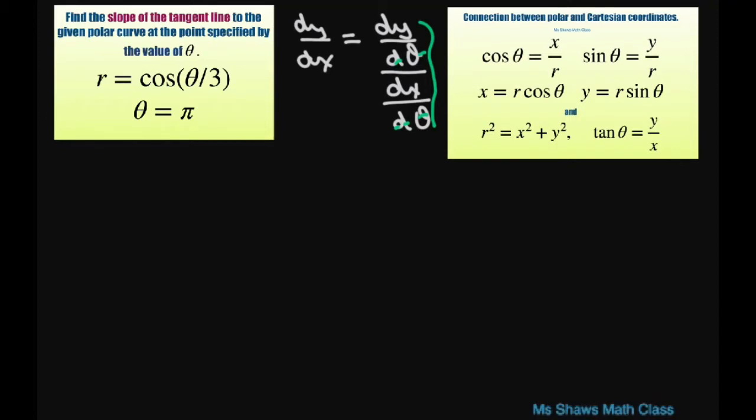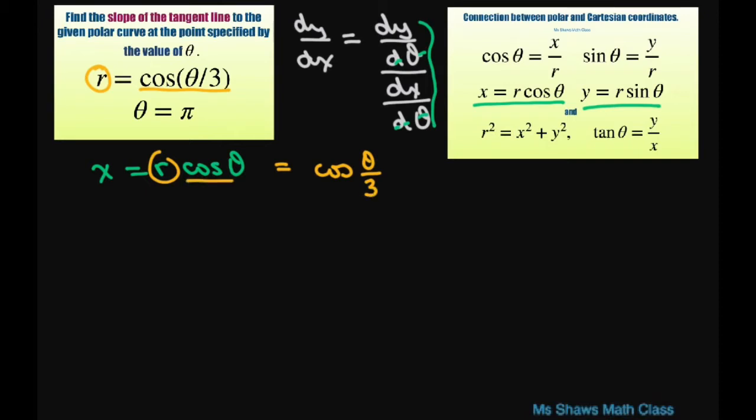Our thing is we need a y and an x. So here we have it. We know that x equals r cosine of theta. So substituting in our r here, this is going to give us cosine of theta divided by 3 times cosine of theta.